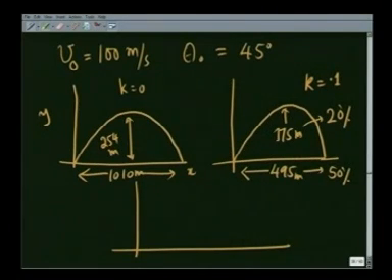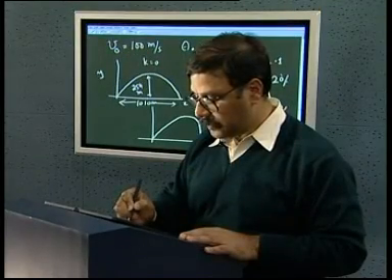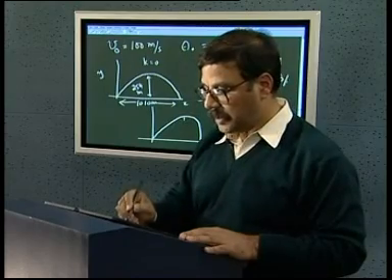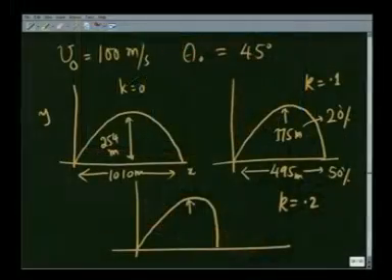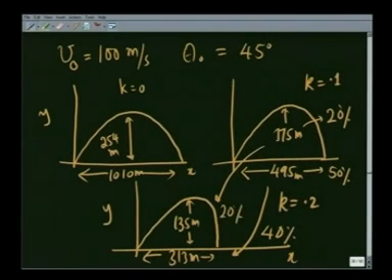If I go further and make k equal to 0.2, the trajectory becomes even more like this, with the height now becoming 135 meters and the range becoming 313 meters. Again, notice that the reduction in range is much more, about 40%, whereas the height goes down by about 20%.